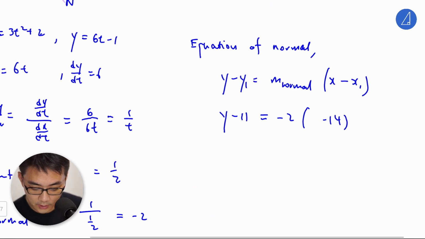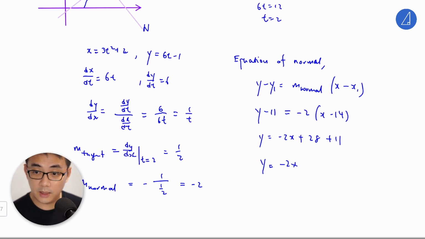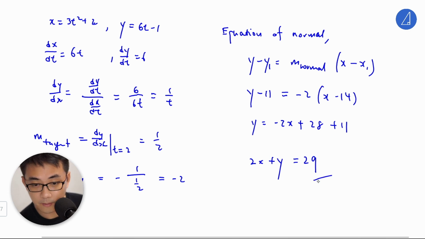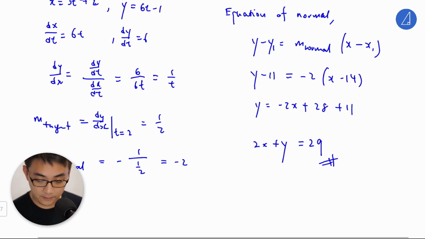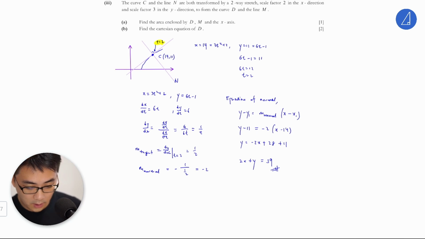There you go. Then this is y equals minus 2x plus 28 plus 11, so y equals minus 2x plus 39. But we need the form ax plus by equals c, so just rearrange this to 2x plus y equals 39. So that's how you do this question proficiently.